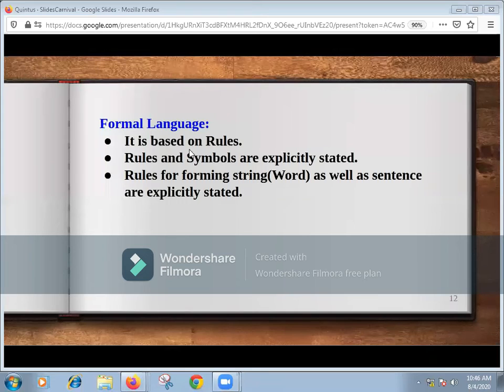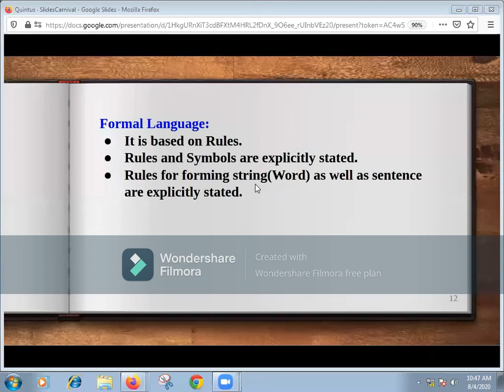Now next is formal language. Formal language is based on rules. This is not like your English grammar, where you are learning a language. This formal language is related to machines. The name formal language means it is based on some rules. The rules and symbols are explicitly stated, and the rules for forming strings, words and sentences are explicitly stated.